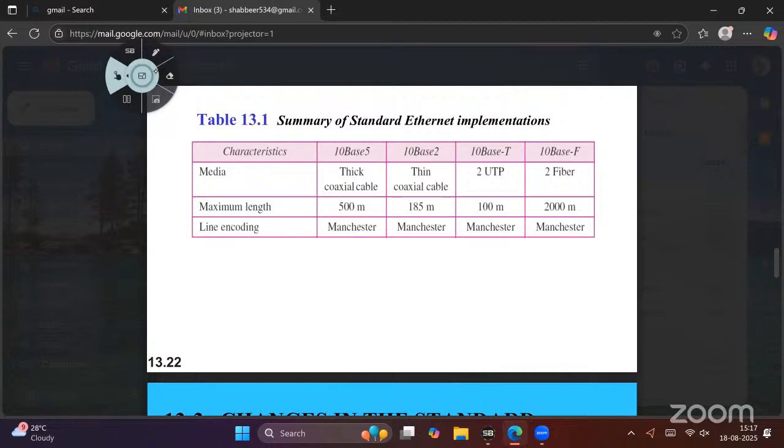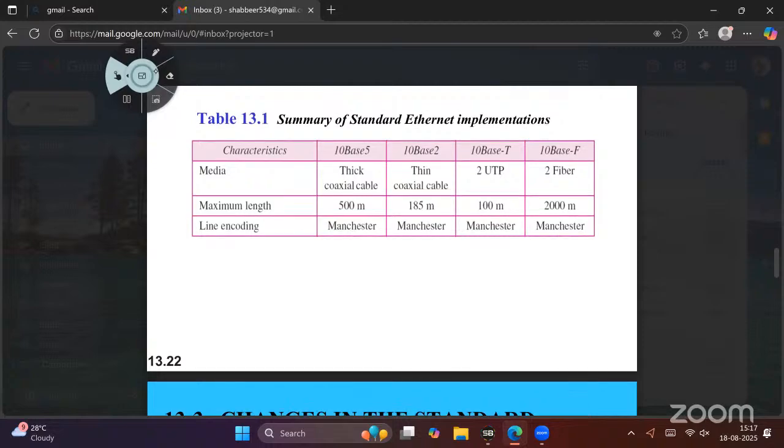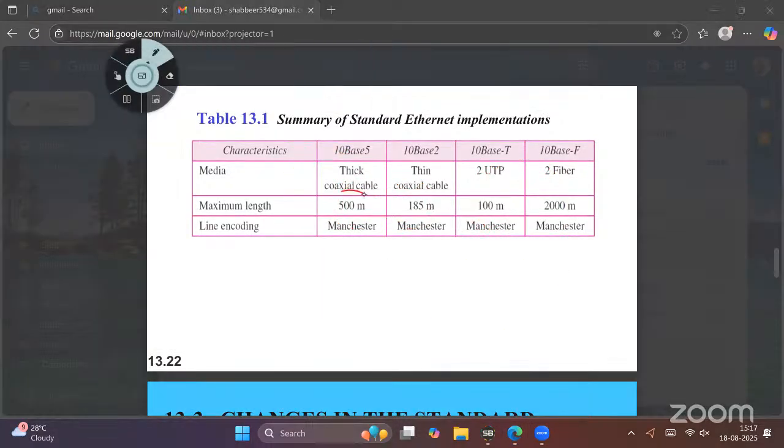See the distances: 10Base5 is 500 meters, 10Base2 is 185 meters, this is 100 meters, this is 2000 meters.